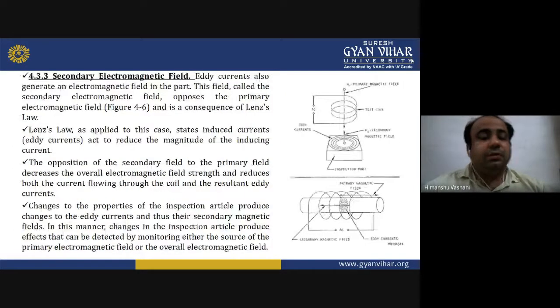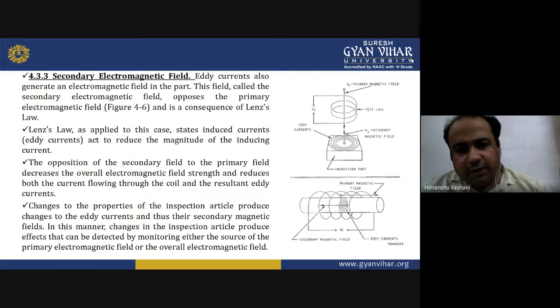Now, the secondary electromagnetic field. The eddy currents also generate an electromagnetic field in the part. This field, called the secondary electromagnetic field, opposes the primary field and is a consequence of Lenz's law.